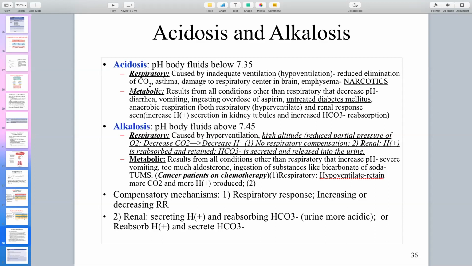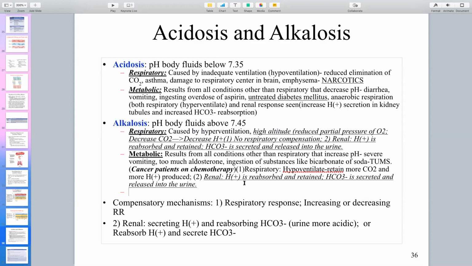Right here, the renal response. And the renal response is, let me just make this more in italics, hydrogen is actually reabsorbed and retained.